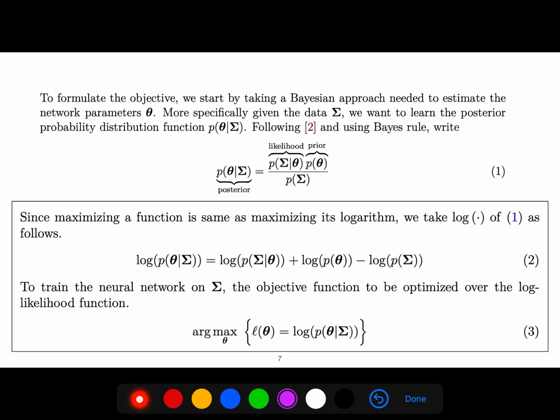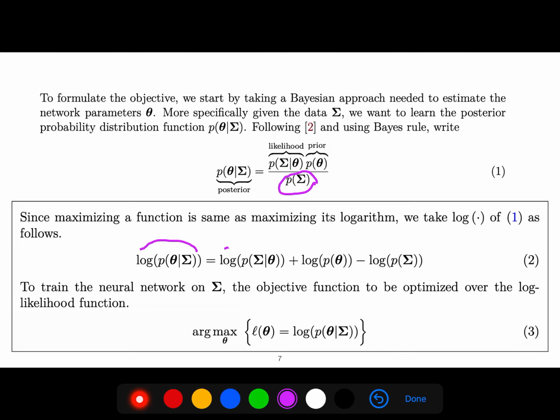So we write the posterior: likelihood times prior divided by P of data. And if you take the log of that, as I showed you in the previous lecture, just take the log of the posterior, you will see log of P of theta.